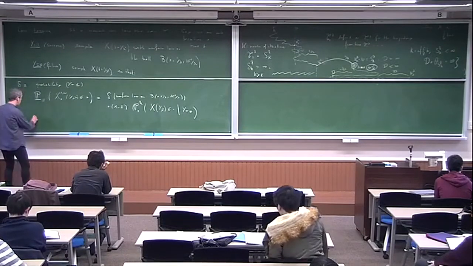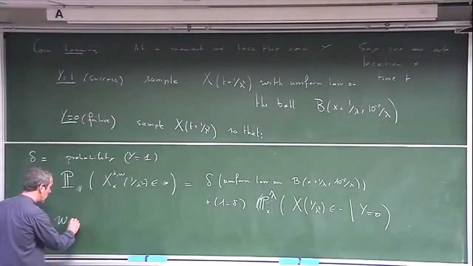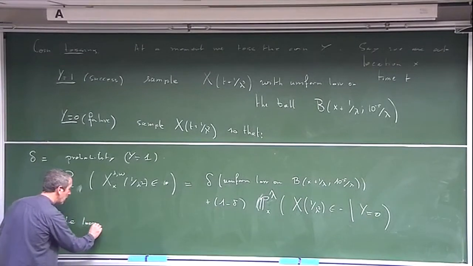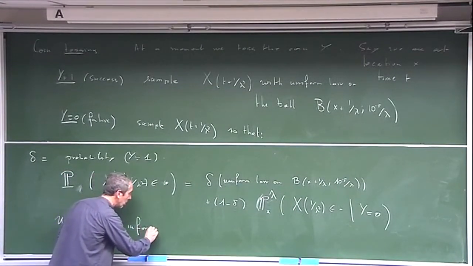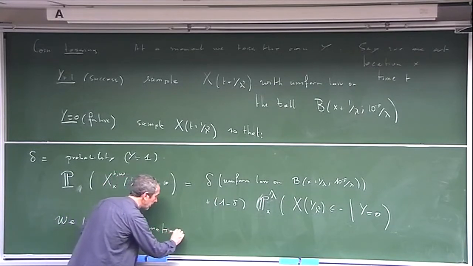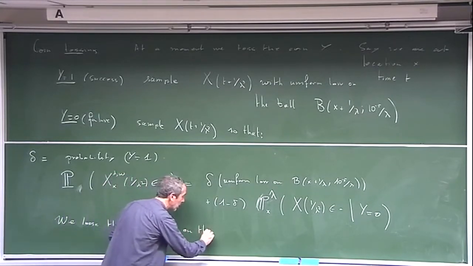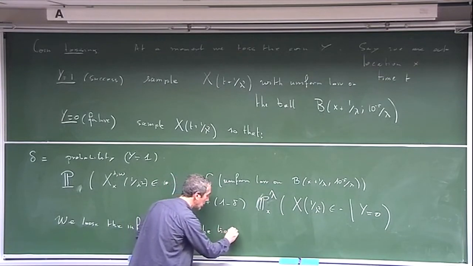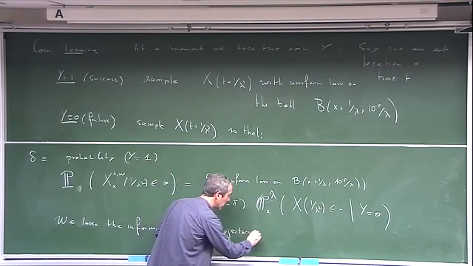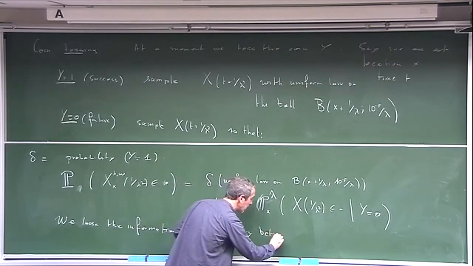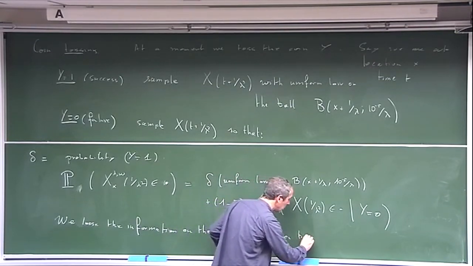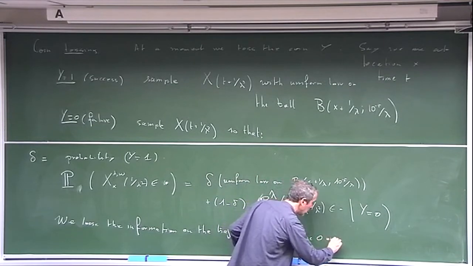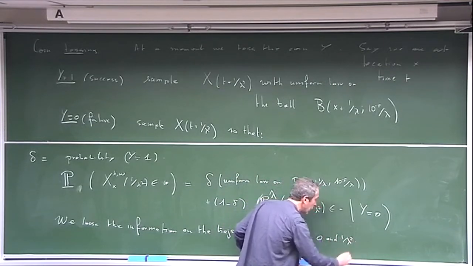So as an observation, we lose the information on the trajectory between time 0 and time 1 over lambda square.